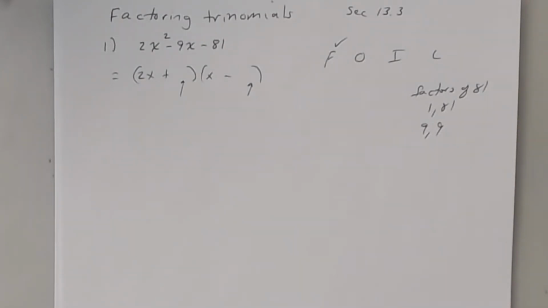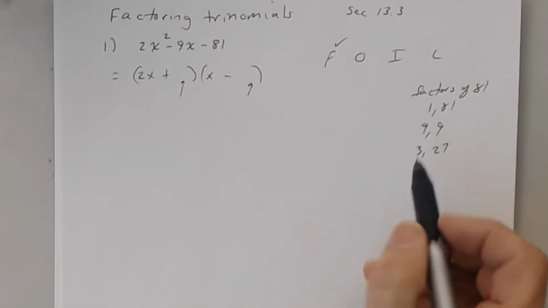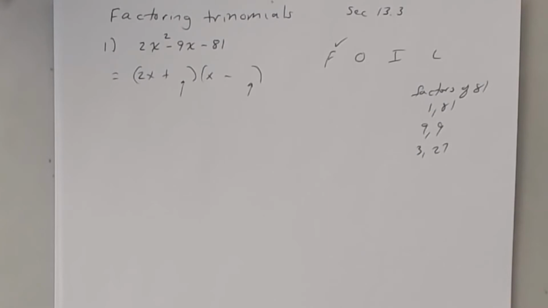What else? 3 and 27? Anything else? That looks like it's about it, right? Okay. So, what do you want to try? Of those 3 sets of factors, what do you want to try first? 9 and 9. I would try 9 and 9 first.